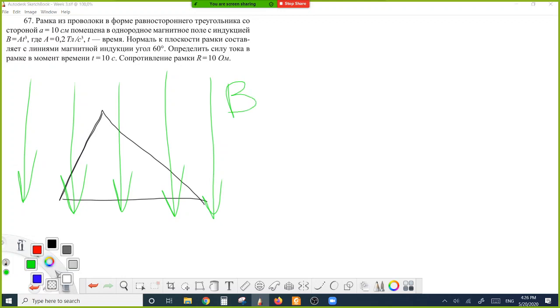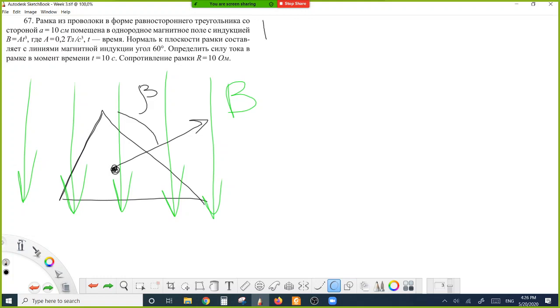and the normal of the surface of the triangle and flux density lines form the angle beta, which is equal to 60 degree, and B is given as a t to the third power.